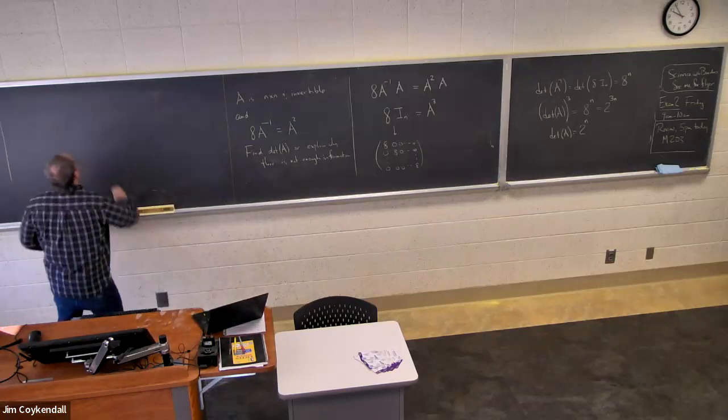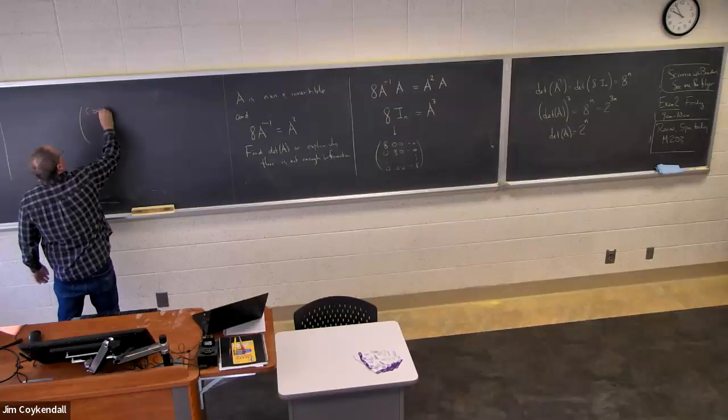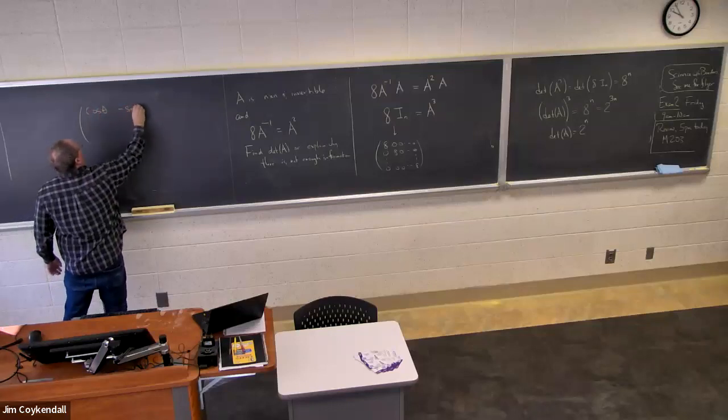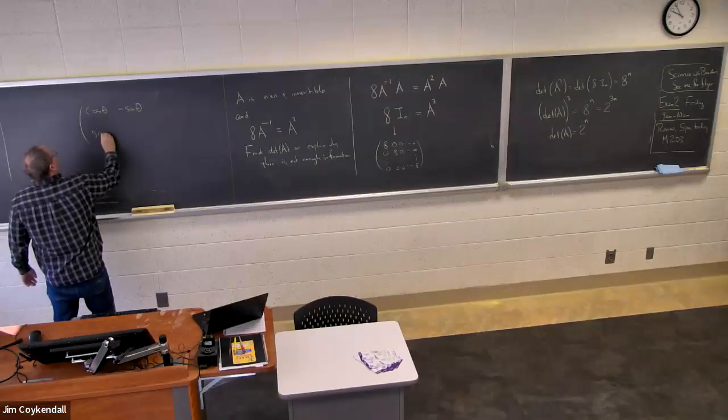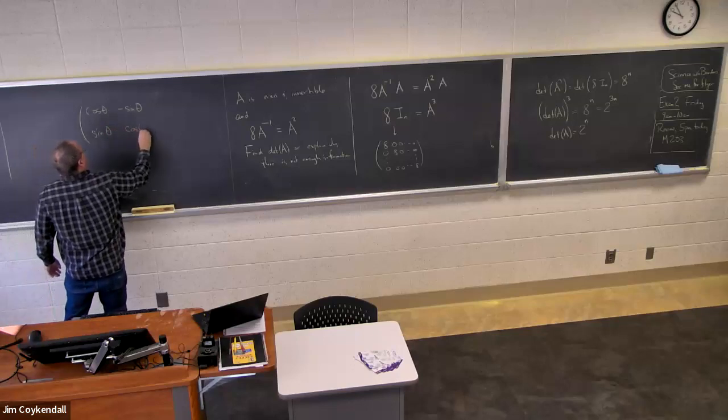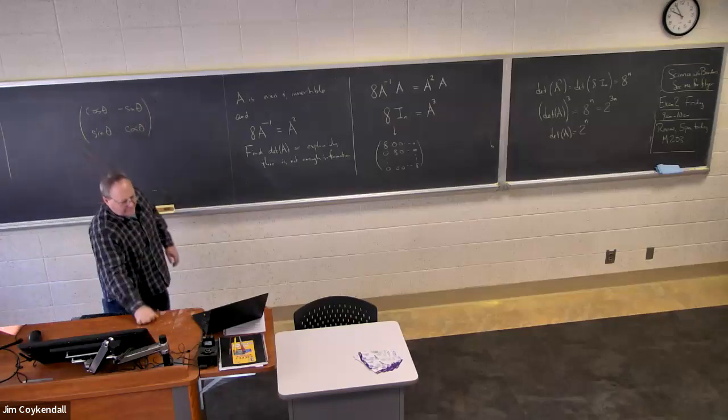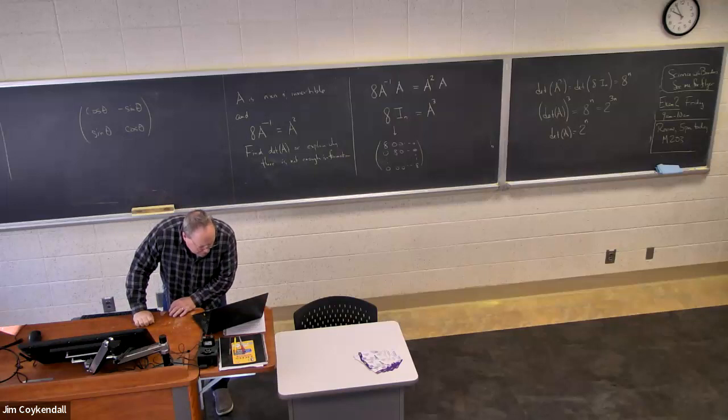Cosine. It says, suppose there's a real number lambda and a non-zero vector v such that Av equals lambda v.